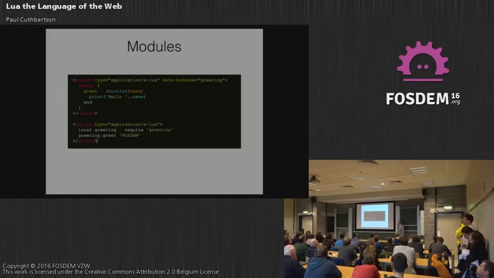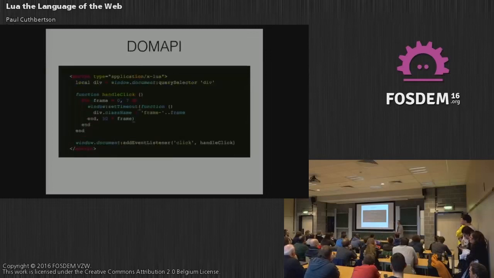In Sailor, they've benefited from having modules. This top code block has the module name greeting, so it's preloaded. It's not run straight away, and then it can be referenced using require from other script tags.